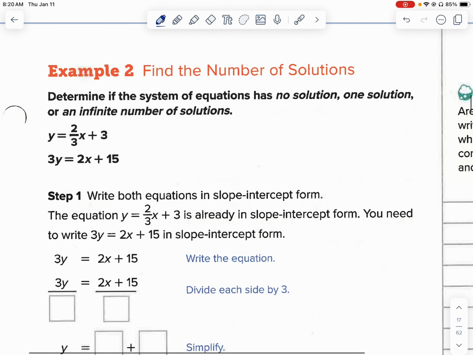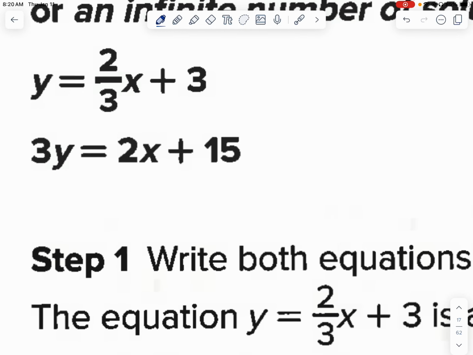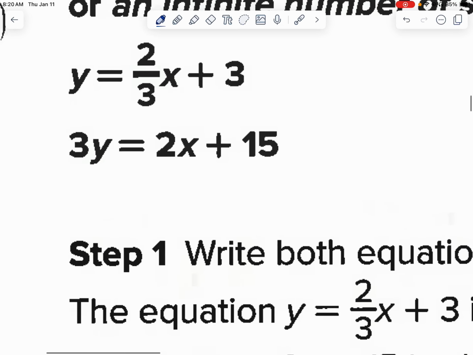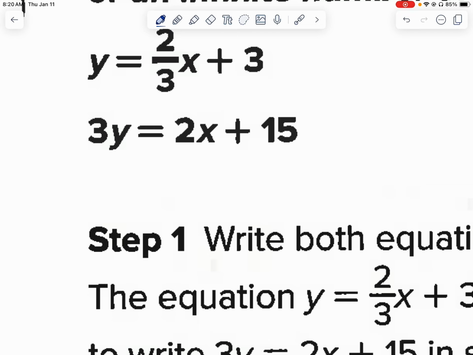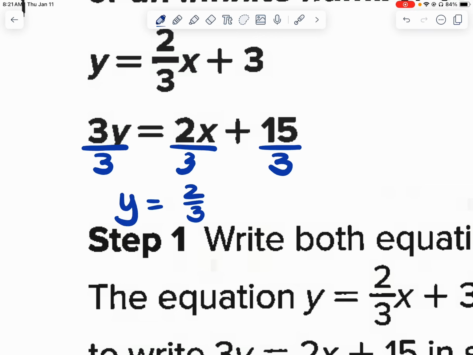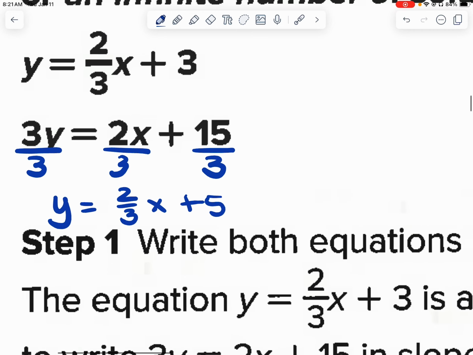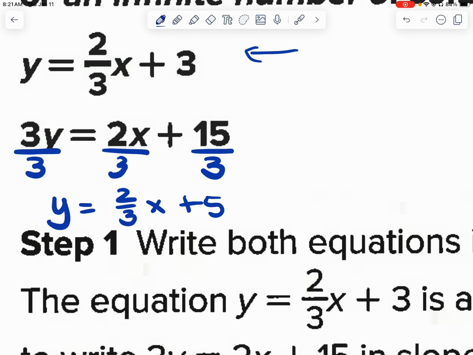Same thing here. This one is not in the form y equals mx plus b. So we have to make sure that we get rid of the coefficient of y. In order to get rid of the coefficient of y, I must divide each one of these by the coefficient. I would get y equals 2/3 x plus 5. Now I have this and this.